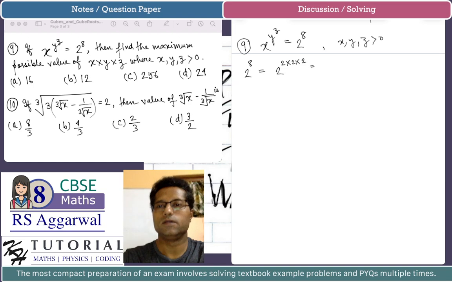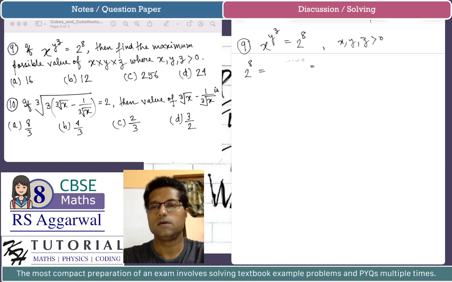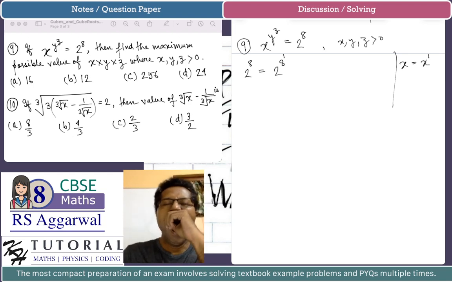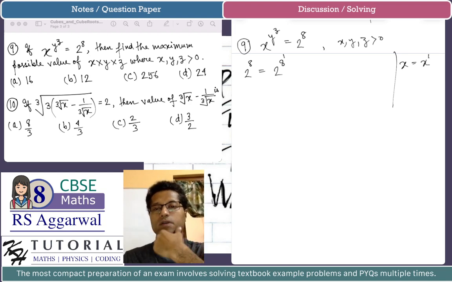Now, let's see how differently we can express the number 2 to the power 8 as x to the power y to the power z. Now, 2 to the power 8 can be considered as 2 to the power 8, and the number 8 can always be written as 8 to the power 1. Any number x is equal to x to the power 1.